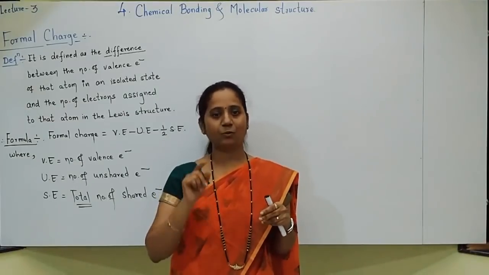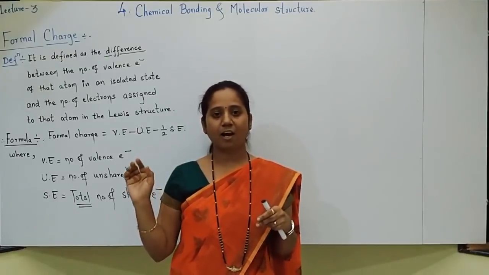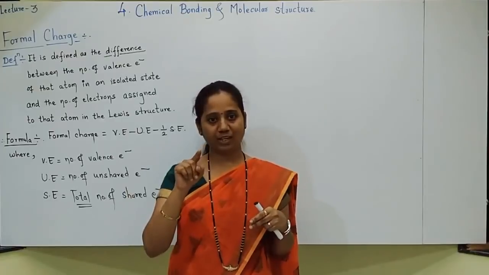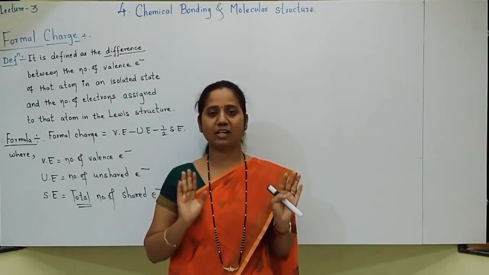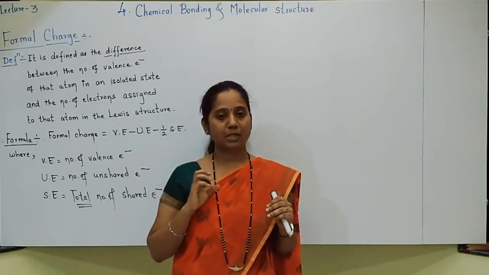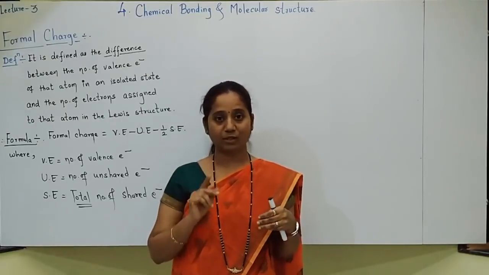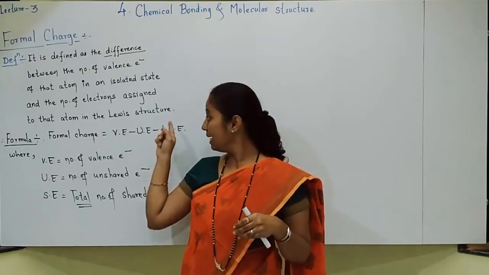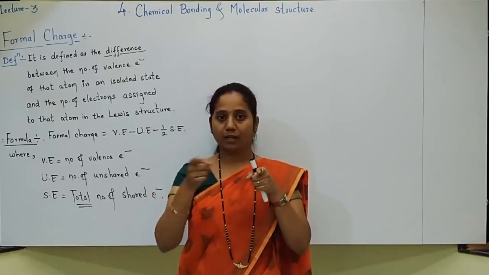So I hope the formula is understood. Formal charge is equal to VE minus UE minus half SE. VE is valence electrons, UE is unshared electrons, SE is shared electrons. But students, here one thing to remember: when you are doing calculations, for SE, shared electrons, you should count both sides.